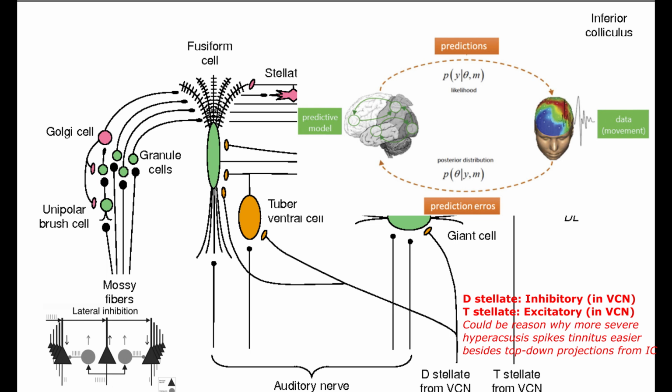Now, if lateral inhibition is severely compromised and fusiform cells in the dorsal cochlear nucleus are not only hyperactive, but also hypersynchronized, or firing in synchrony, the resulting signal is stronger and more coherent. And because the signal is robust, the top-down system may assign it as high precision, or reliable.